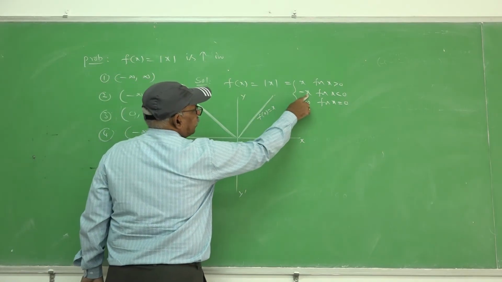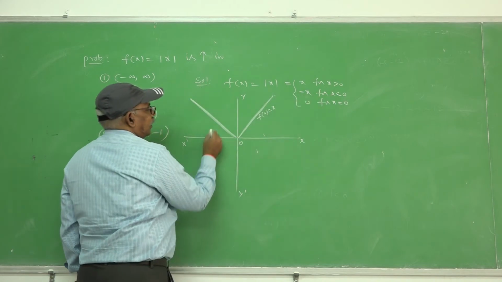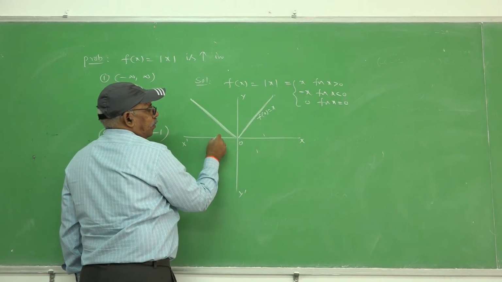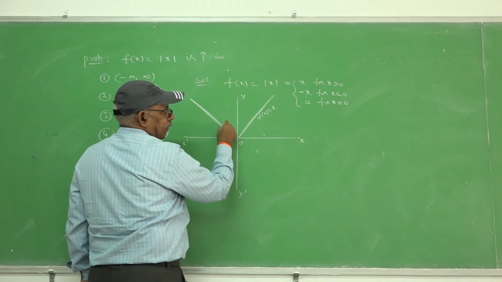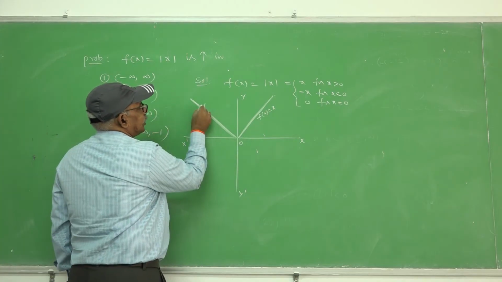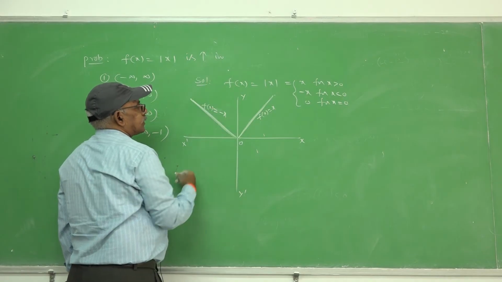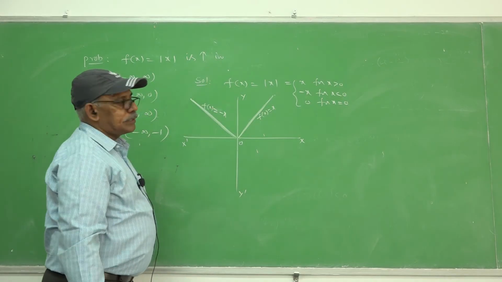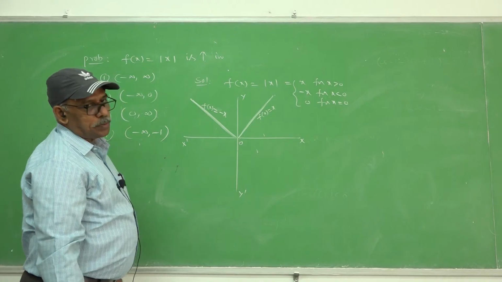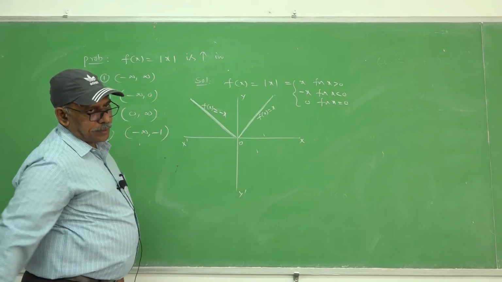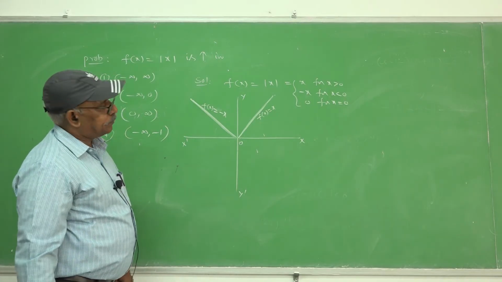Similarly, f of x equal to minus x for x negative. That means this is 45, otherwise this is 135. So, this is f of x equal to minus x. This is the graph of the function f of x equal to mod x, which is in the shape of V and passes through origin.